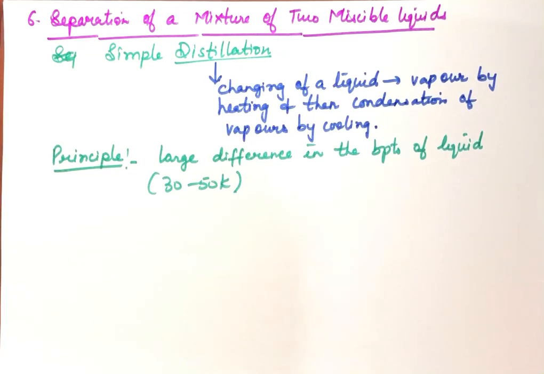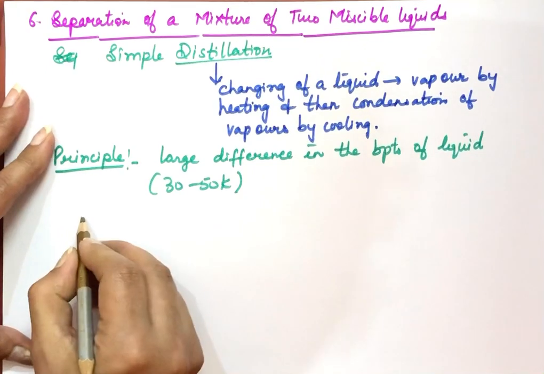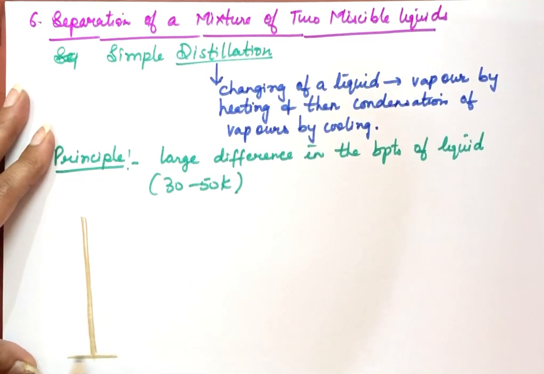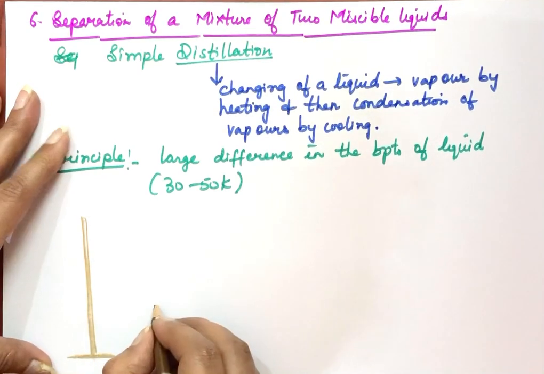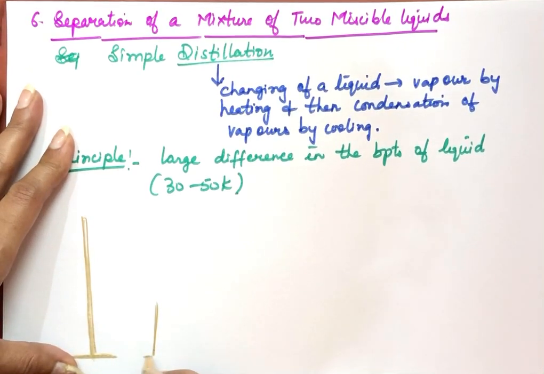Now the apparatus that we need for this method is, we will take here a distillation flask. A distillation flask is taken, and that flask we have to mount on a stand. We have to clamp it. This is the stand that we are using, and then we are taking a tripod stand because we have to heat the mixture.